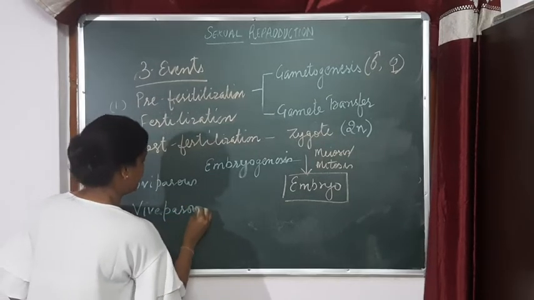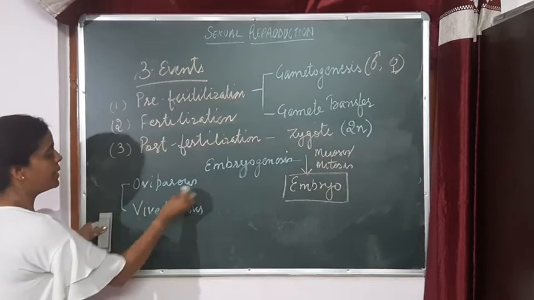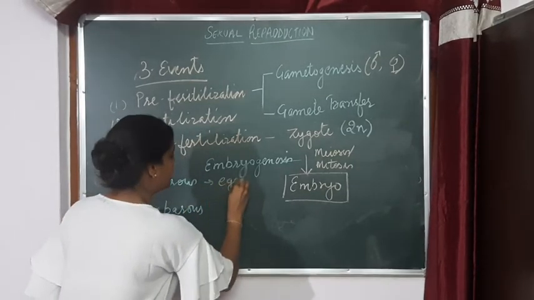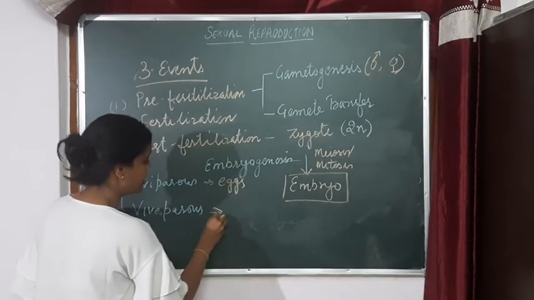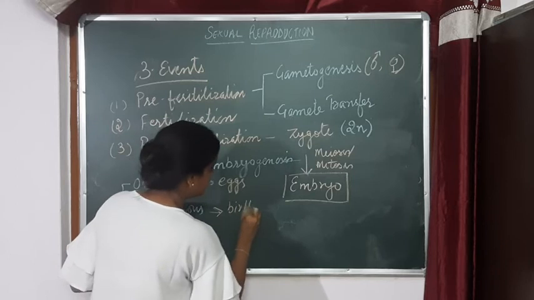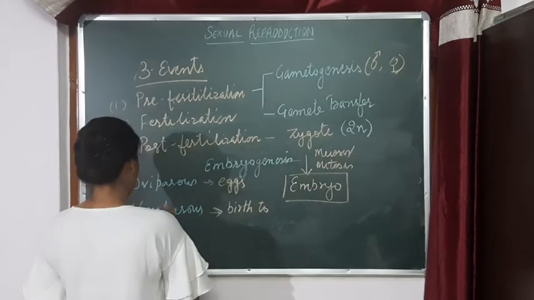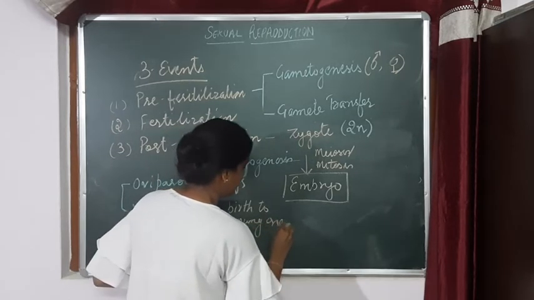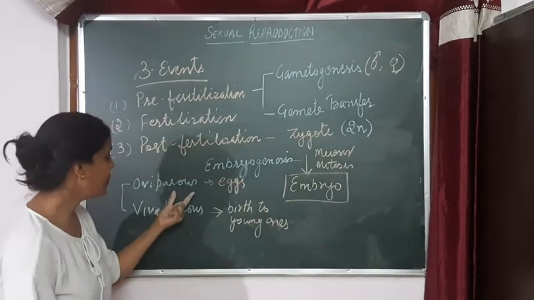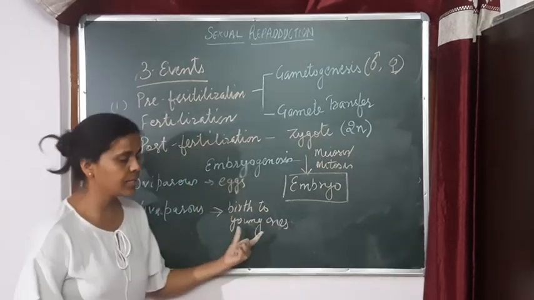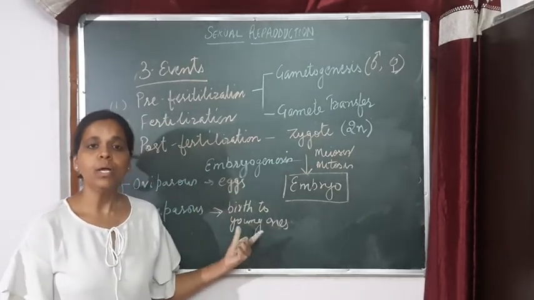Oviparous are those which produce eggs, and viviparous are those which give birth to young ones. So oviparous animals give rise to eggs, and viviparous animals give birth to young ones.